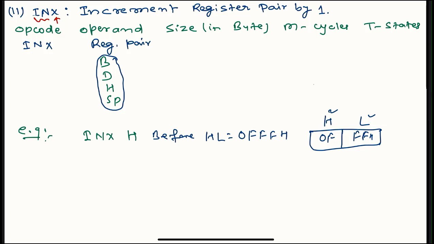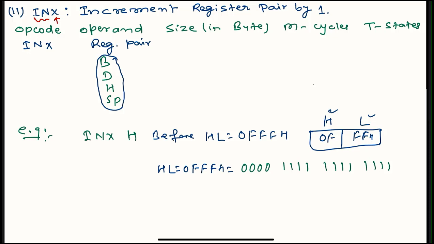First of all, we write HL, 0FFFH, in binary. This will be 0000, then each F is 1111, 1111, 1111. So this is 0FFFH, the content of the HL register pair.